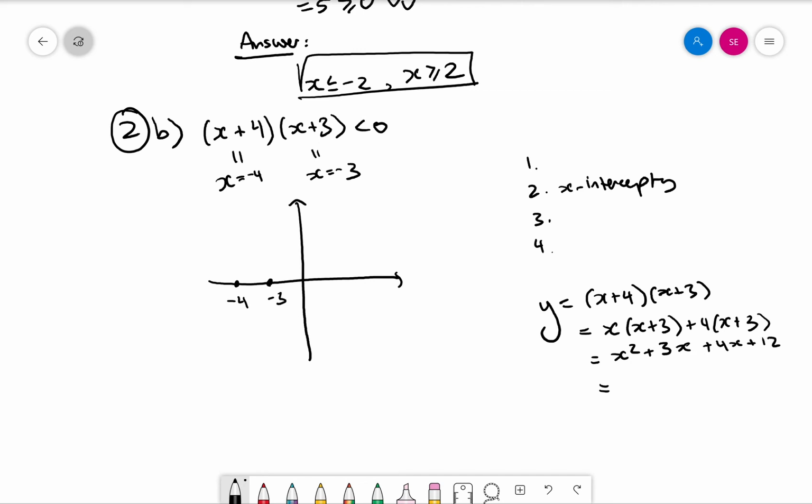And then I'll collect our like terms. So our y-intercept here will be at 12. So it'll be up here. We can find our axis of symmetry as well.